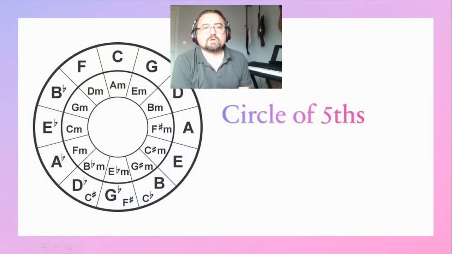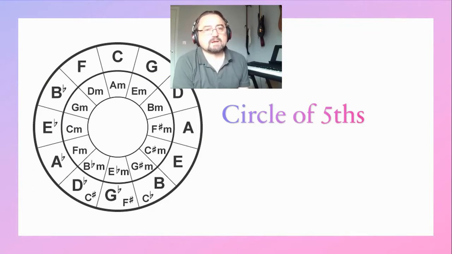We're going to do this on the keyboard as well, with a graphic interface at the bottom, so you can visualise it, as well as the guitar. We're going to do this in what we call the cycle of fifths. Going around that circle: C, G, D, A, E, B, F sharp.